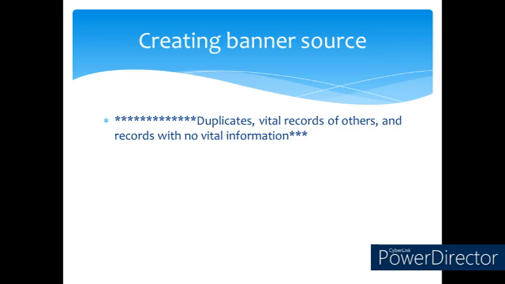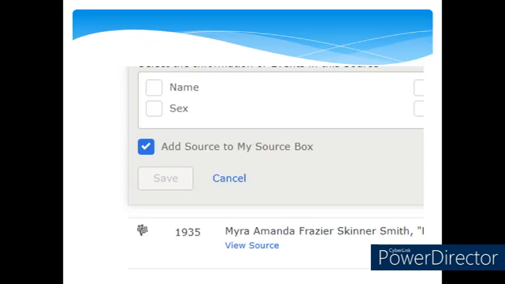And I follow that up with a couple more stars. By checking Add Source to my source box at the bottom of the page, the banner source will be kept in your source box for reuse in the future.